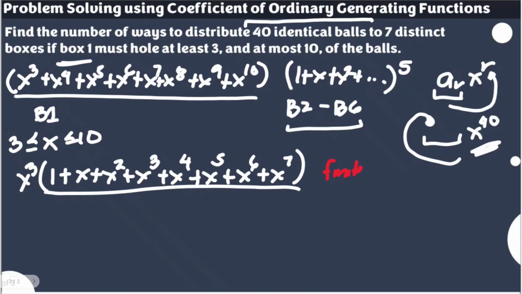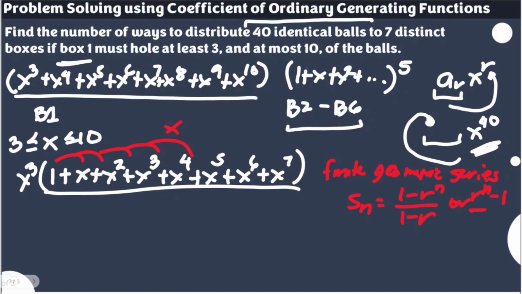finite geometric series. The finite geometric series tells us the sum of a finite geometric series using the common ratio, because if you have the common ratio, as we move from one term to the other, the common ratio is x. The sum is actually given as 1 minus r to the power of n over 1 minus r, or r to the n minus 1 over r minus 1.